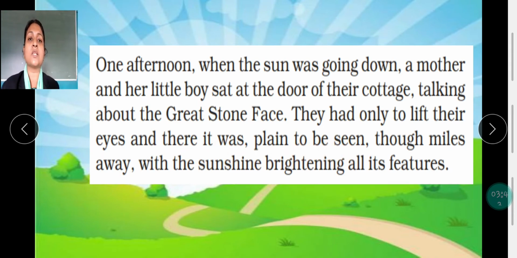That particular structure was so close to their house that they just had to raise their eyes and it was so clear that the structure could be seen from their place. Though miles away, it is very far, with the sunshine brightening all its features. As the sun was setting, it was adding more beauty to the scenery behind that stone face.